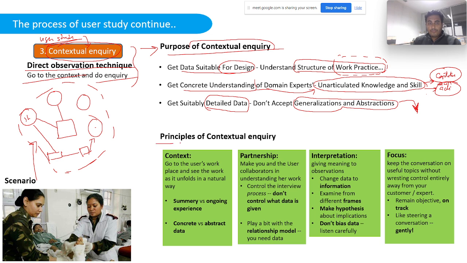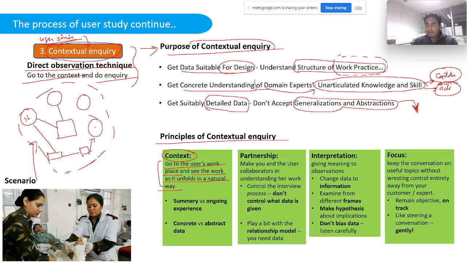So there are mainly four principles. First is context. That means go to the user workplace and see the work as it unfolds in a natural way. You do not affect a particular scenario.